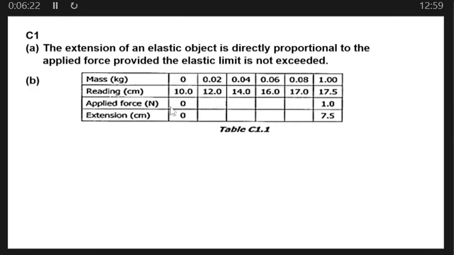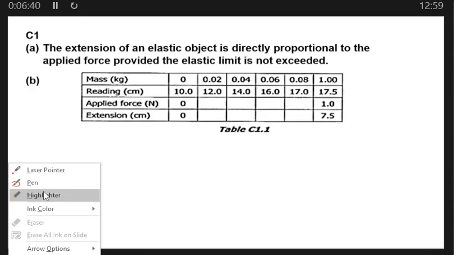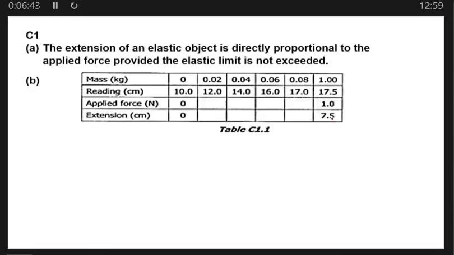So for you to be able to find force here, you must convert these values for mass from kilogram to newton by multiplying them with 10, because this force here will be just weight, which you find by saying that weight, which is still force, is equal to mass times the acceleration due to gravity. This acceleration due to gravity here is 10. So what we are going to get here is the weight, and weight is always in newton.